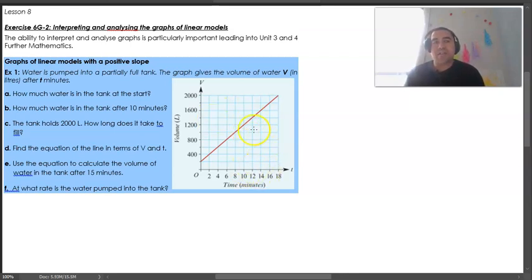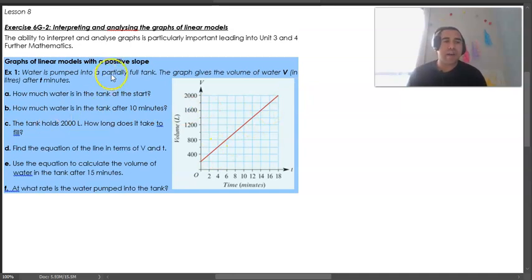So the start of this example here is pretty simple at the start, and then it goes straight into nitty-gritty in question D. We'll get to that in a second. For now, this is the graph of water being pumped into a partially full tank.